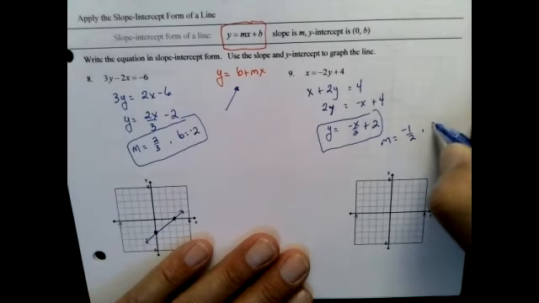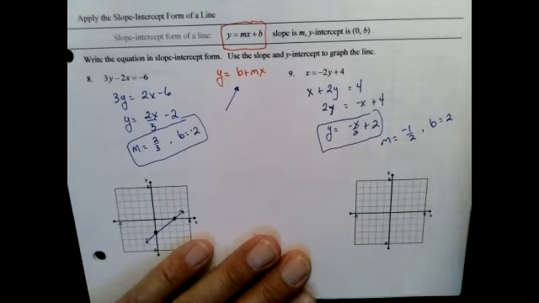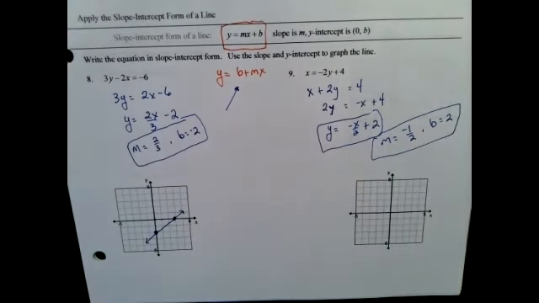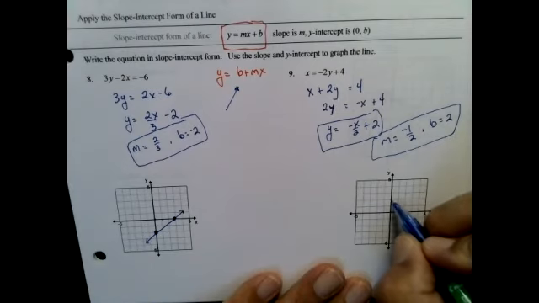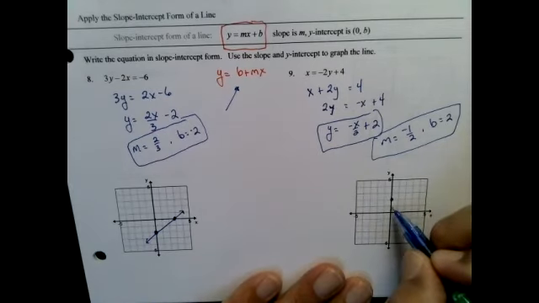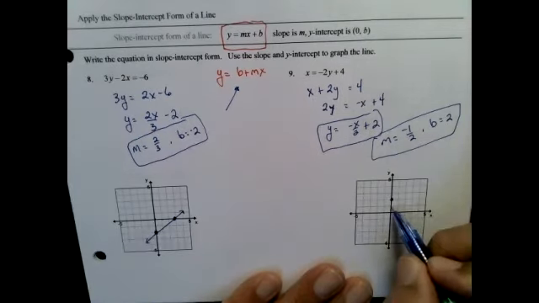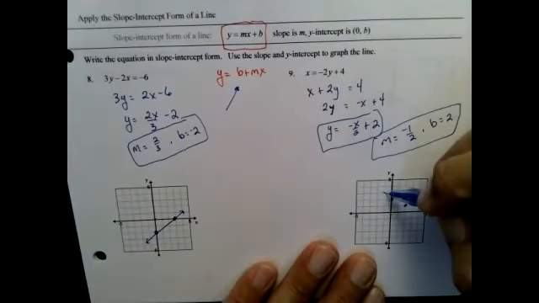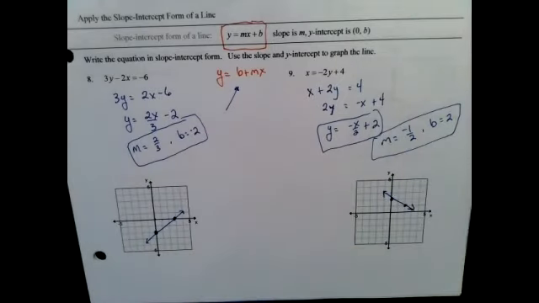I get b equals +2. So I start at 2. I go down 1, so my rise is -1 and my run is +2. I like it. I love it.